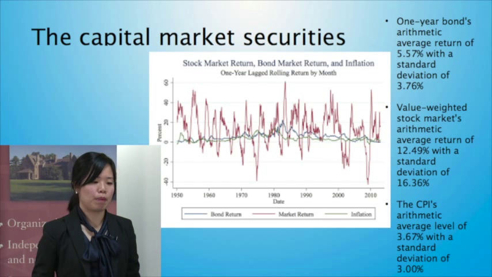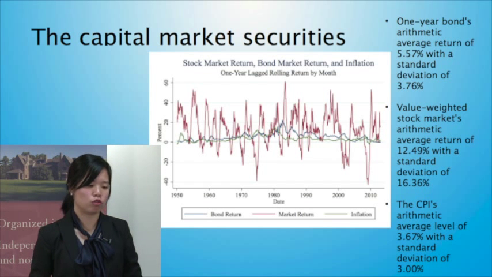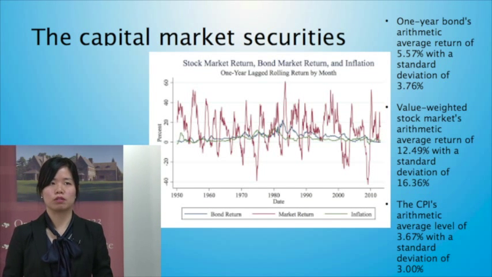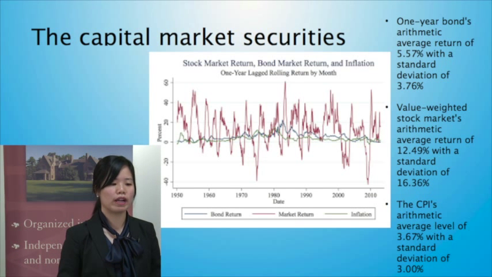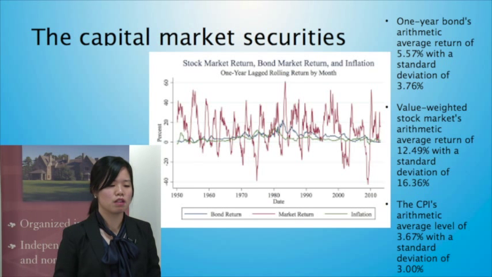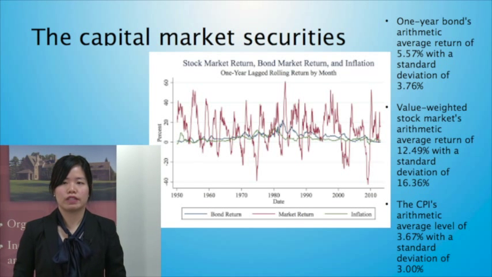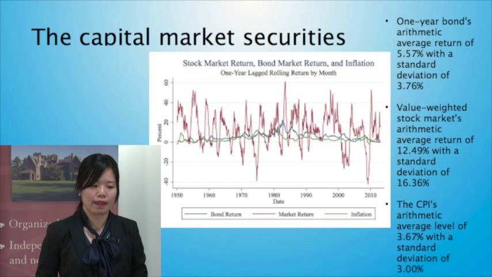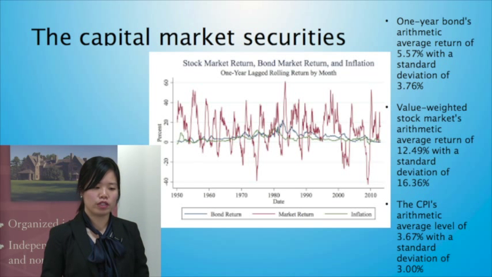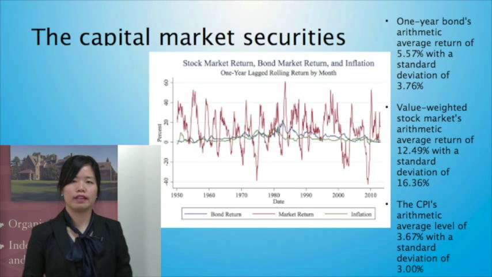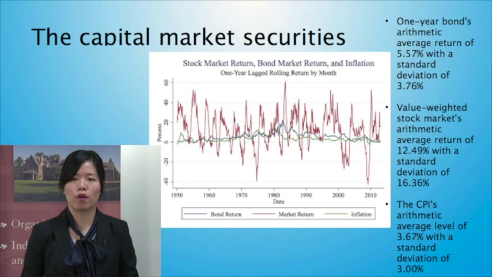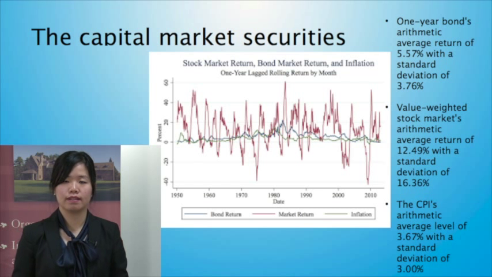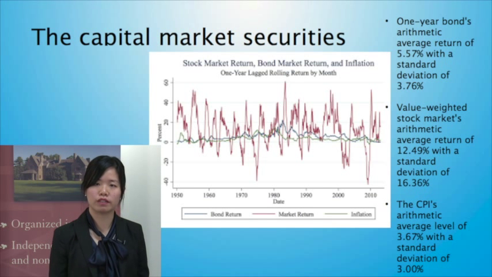So for 1 year bonds from 1950 to 2011, it's almost 6 decades. The average return for 1 year bonds is around 5.57%. And the average return for stocks in the past 6 decades is around 12.49%. Much higher rate of return.